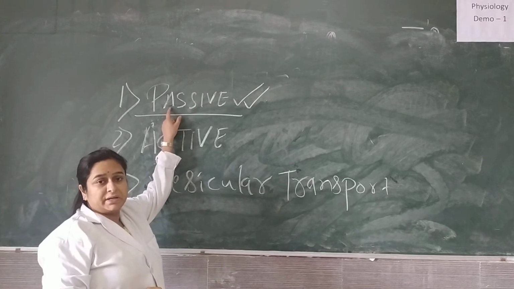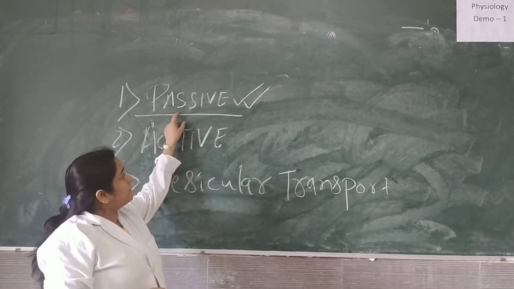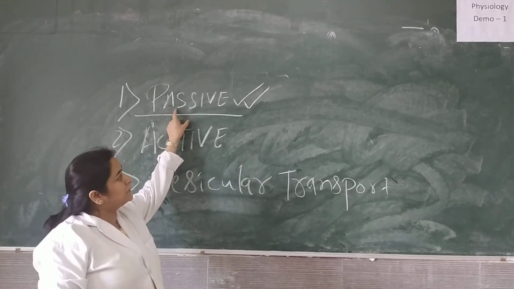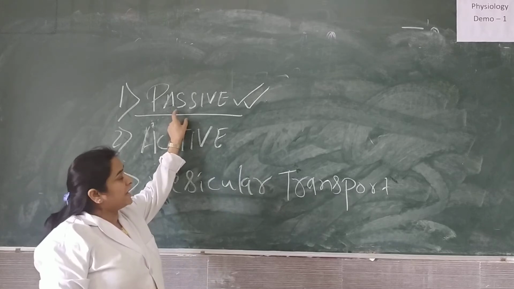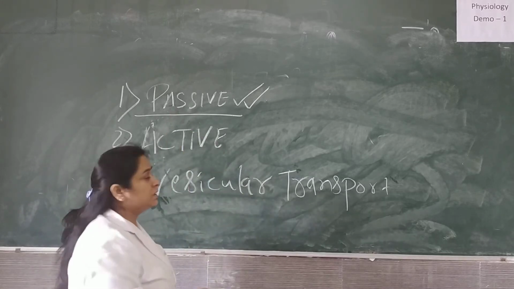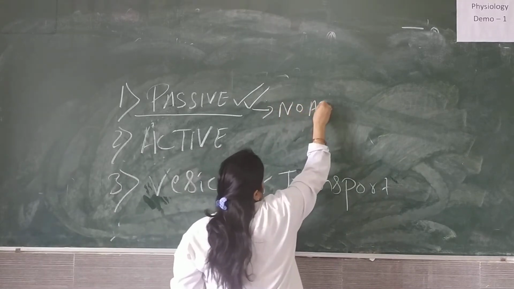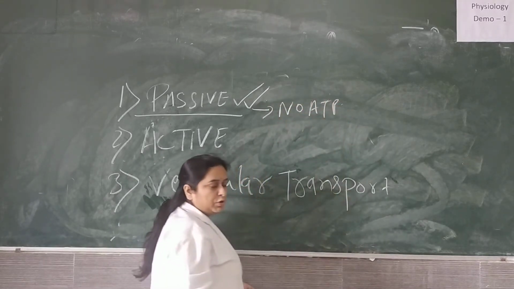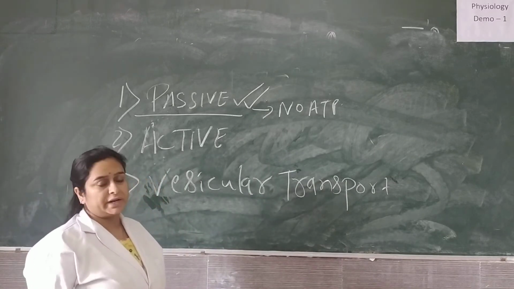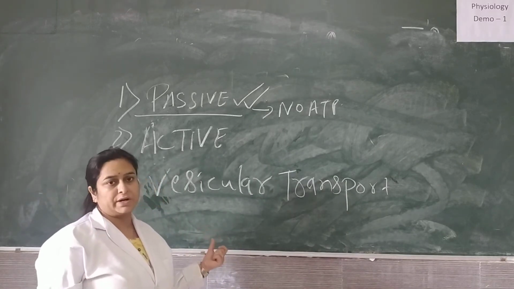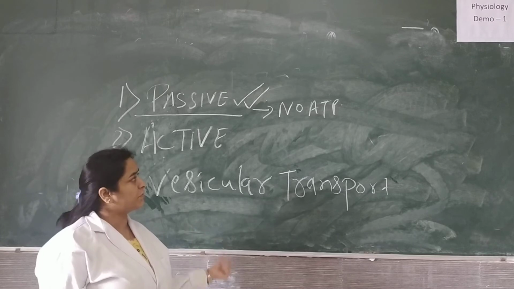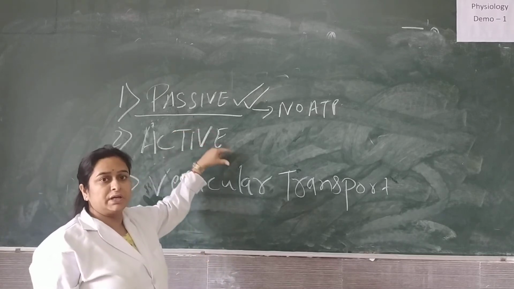As the name indicates, passive means that it does not involve the use of energy. It means no ATP is required, no utilization of ATP is required, and it is a downhill movement.